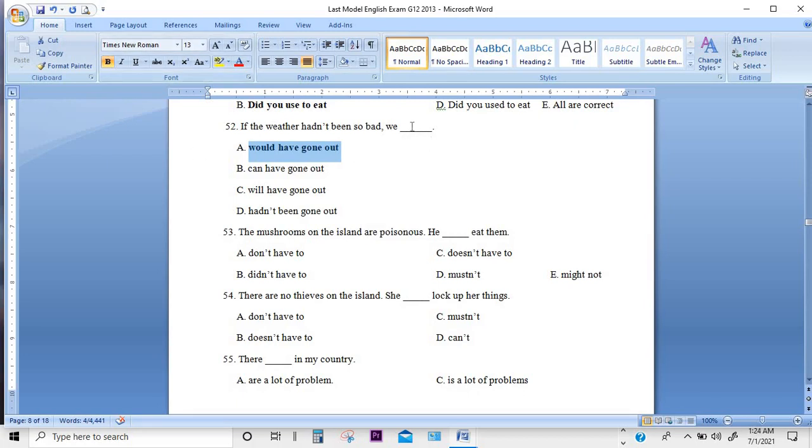So here it's the perfect conditional. Would have gone out is our answer.